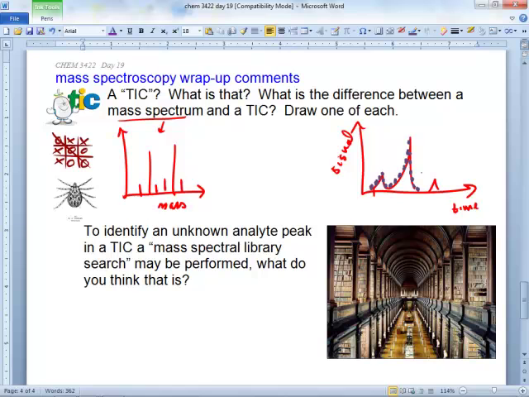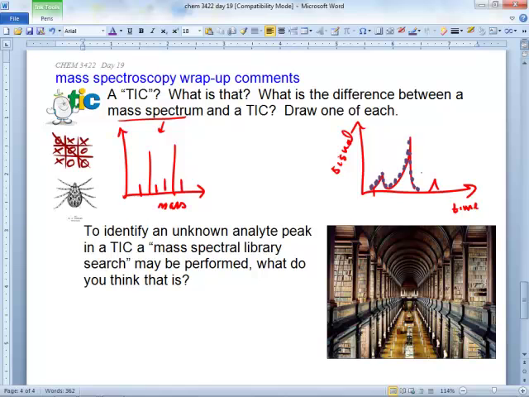The time is just like always, the time that it detects the signal. However, the intensity is the sum of all these intensities in that mass spectrum that it obtained at that one unit in time. And since it can scan so fast, it looks nice and smooth.